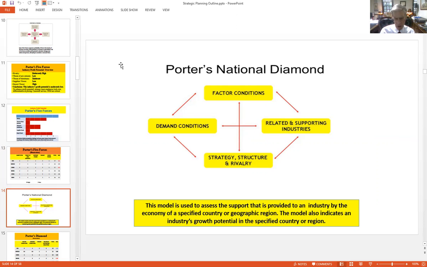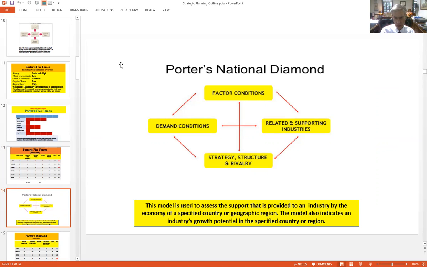If we get strong loadings on all of these factors, then it's not like Porter's five forces. In Porter's five forces, we'd like to get low loadings, right? We'd like the forces not to be strong, pushing profit down.